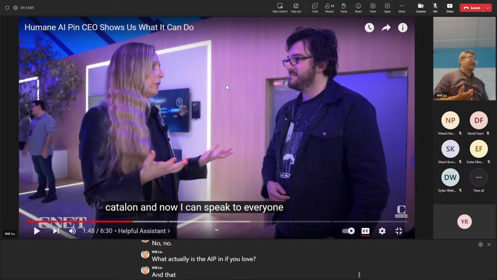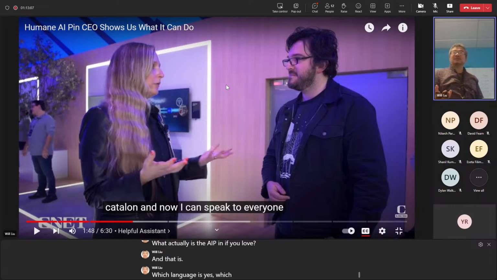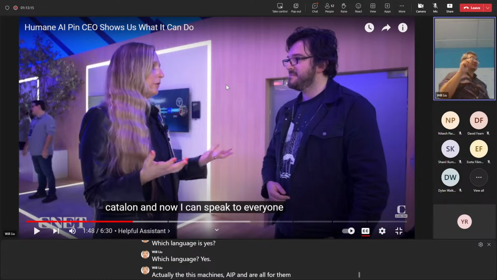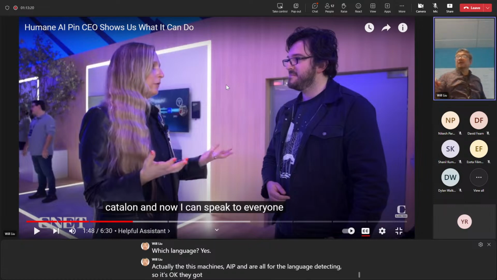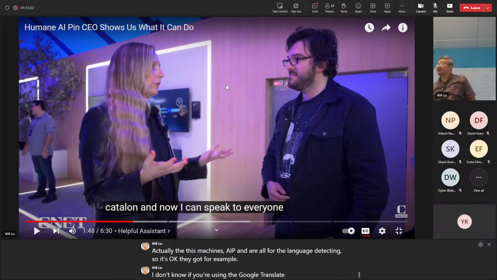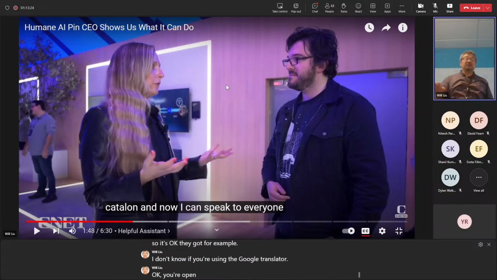And that is which language it is. Actually, these machines, AI pin, are all for the language detecting service. For example, like now, if you're using the Google Translator, you open your web page, you will see they have the self-detecting.